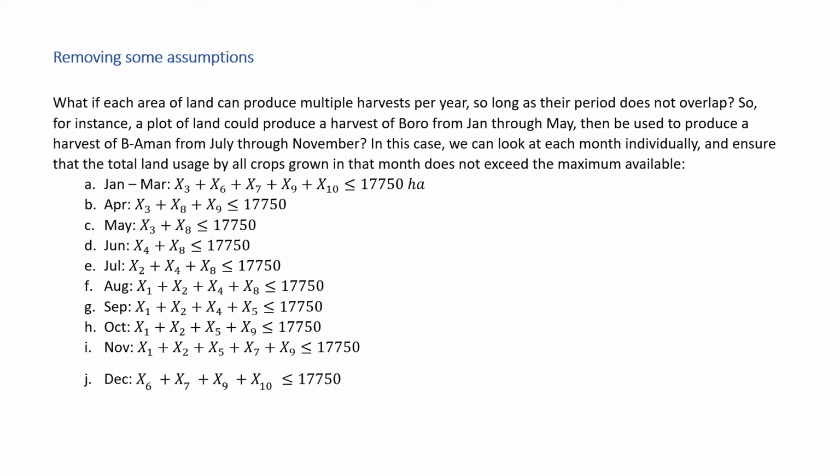To do that, we have to start looking monthly. So every month, there are certain crops that grow. We can add up the land used by each of those crops for that month, and it can't surpass our 17,750 hectares of land. But now we're looking by month, and this is saying we can grow multiple crops.